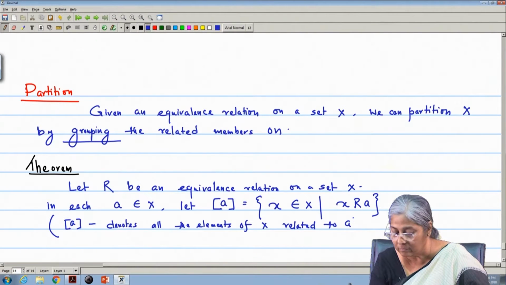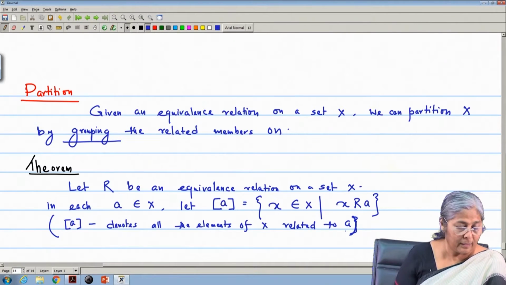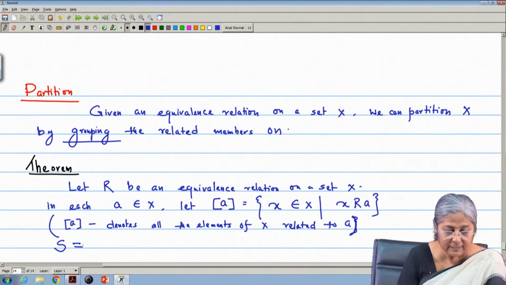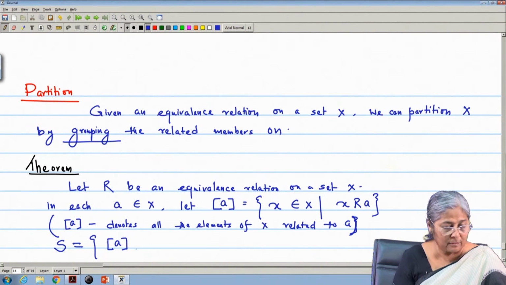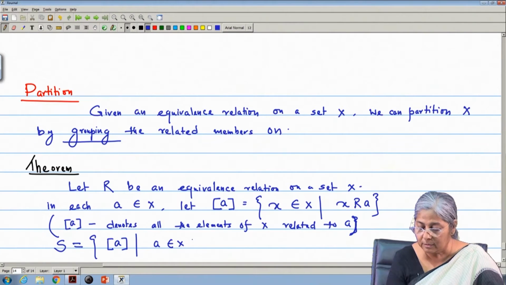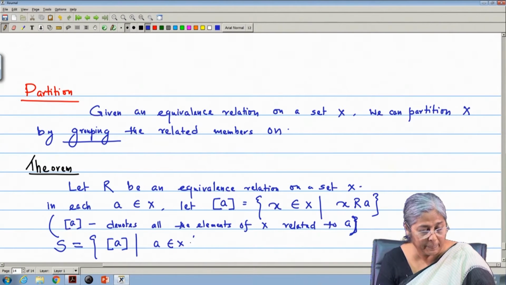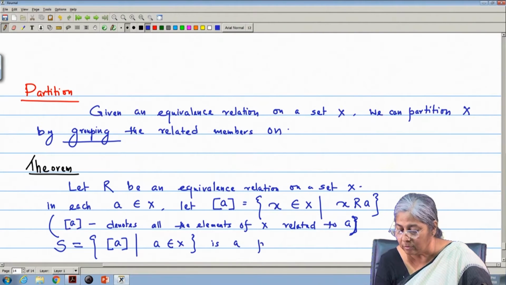Then we define S, the set of these boxes [a] such that a belongs to X, and S is a partition on X.